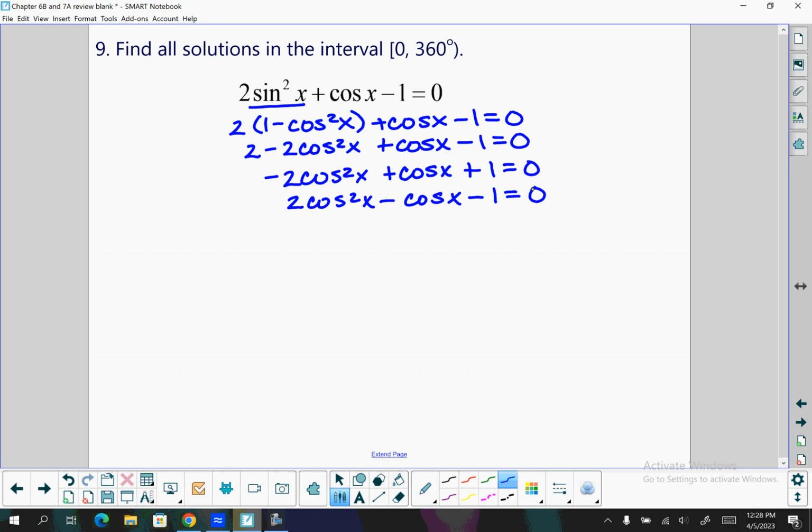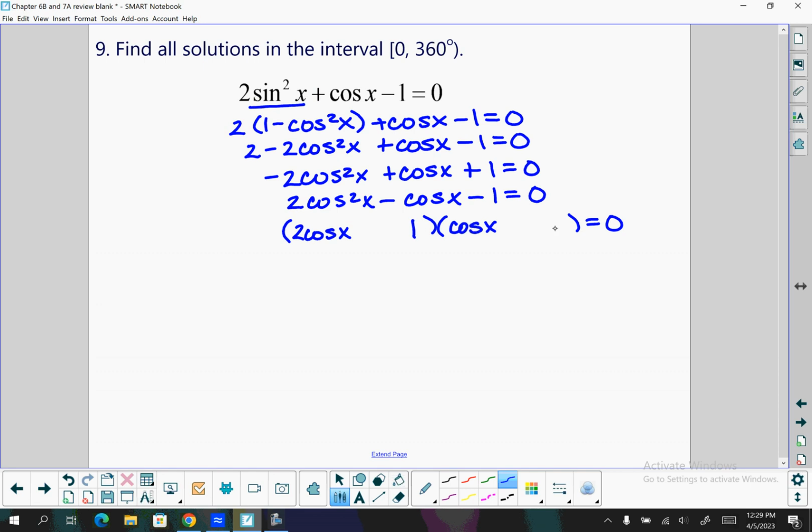All right, so now does it factor? What goes in the front of the parentheses? 2 cosine and cosine. And actually, this is going to factor the same way as the last one, isn't it?